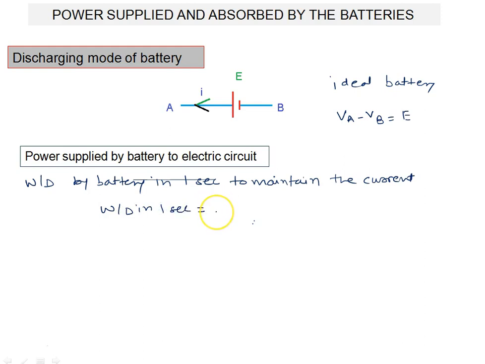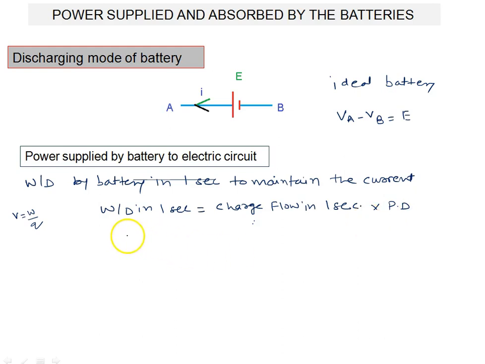If I calculate the work done, all of you know the formula V equal to W by Q. So work done can be written as the charge flow in 1 second, because we want to calculate work done in 1 second, into the potential difference across the battery.